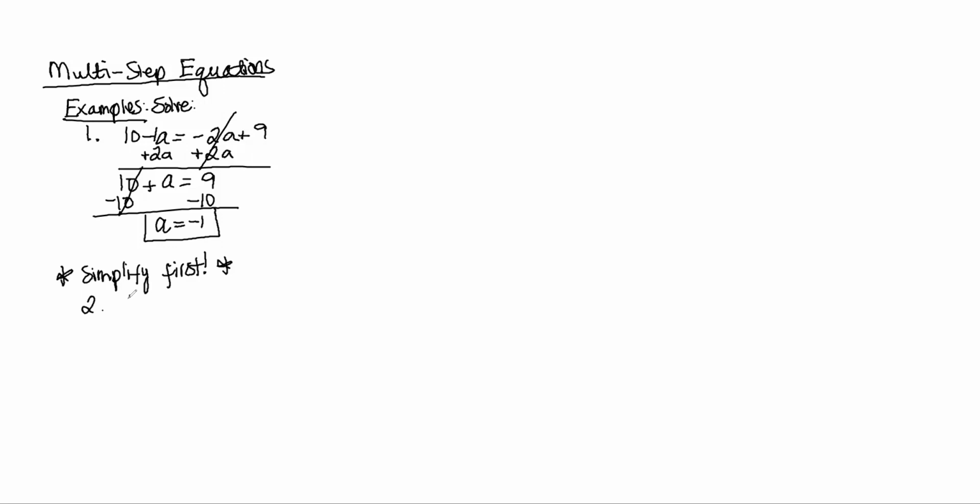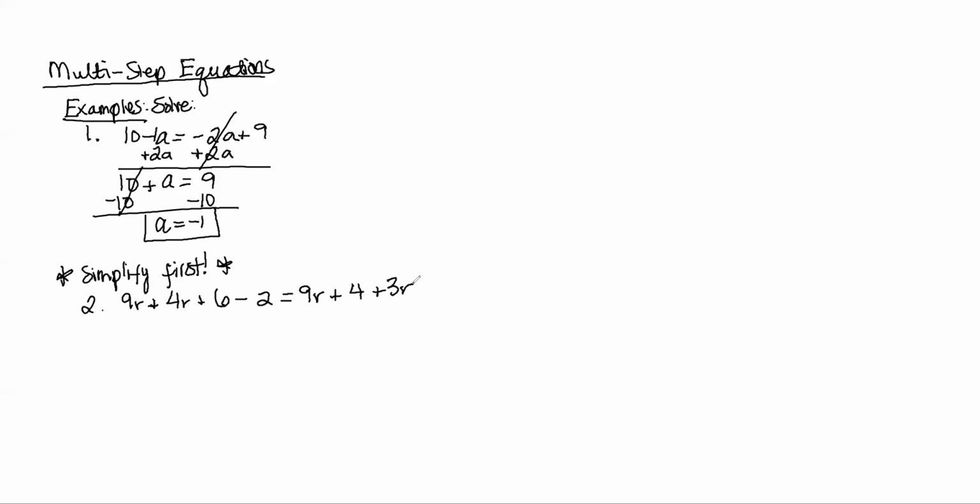we have 9r plus 4r plus 6 minus 2 equals 9r plus 4 plus 3r. If we were to not simplify first, we'd have to move all of these r's to one side and the numbers to the other, and that's going to take 3 or 4 steps just for that.